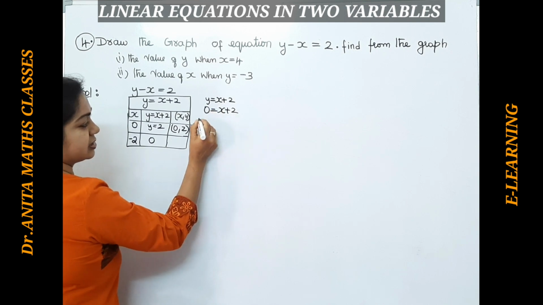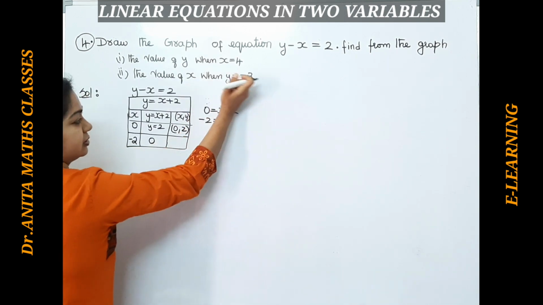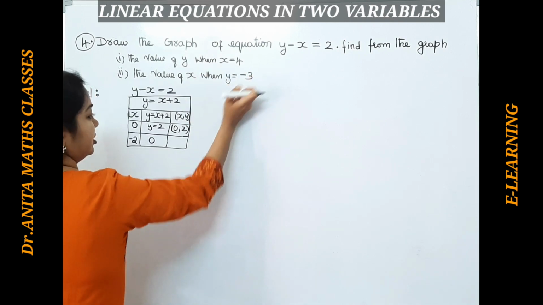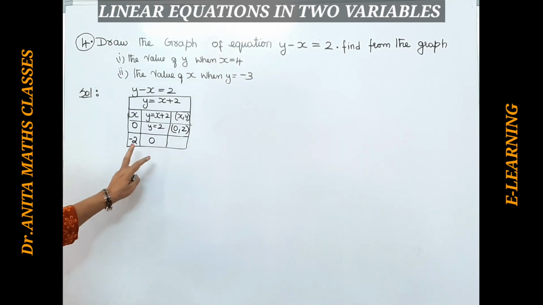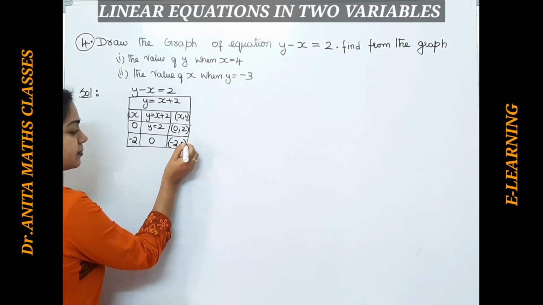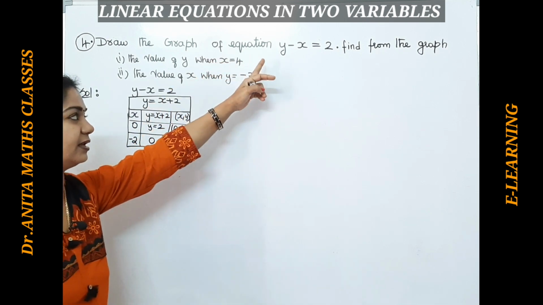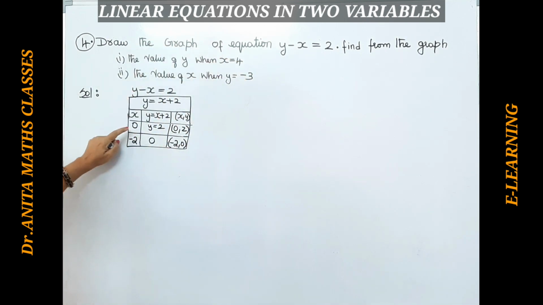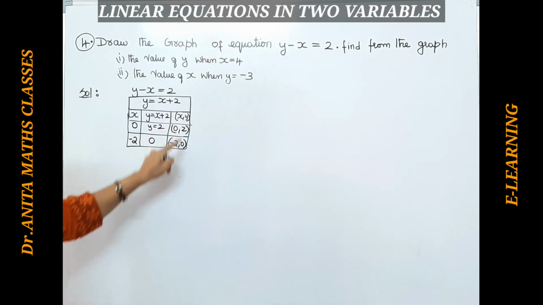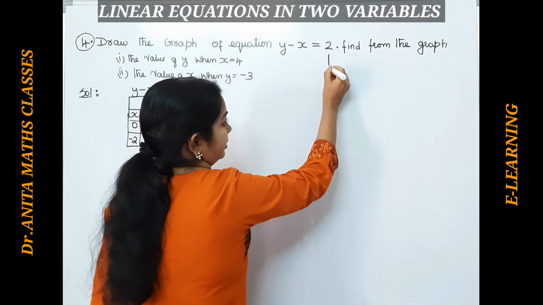So if 2 comes this side, minus 2 is equal to x. That's what I've written here, right? So just substituting. Now here minus 2, 0. Right. So these are simple values. It's not having multiples. So I have taken x 0, y 0 and got these 2 points. Now let us plot the graph.